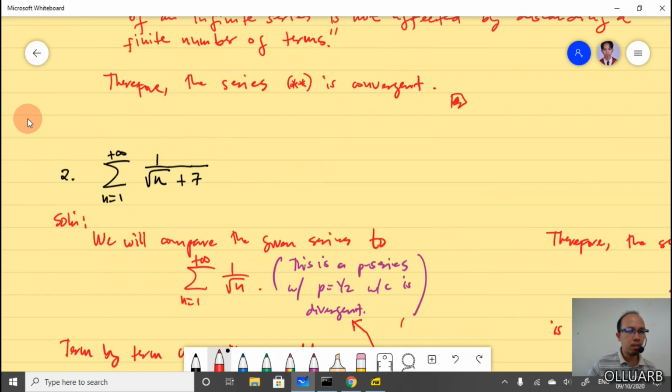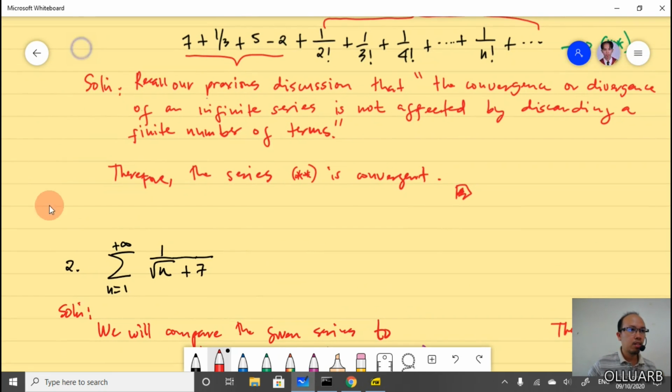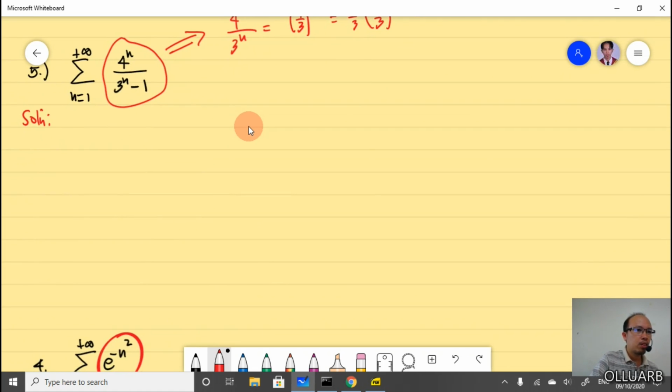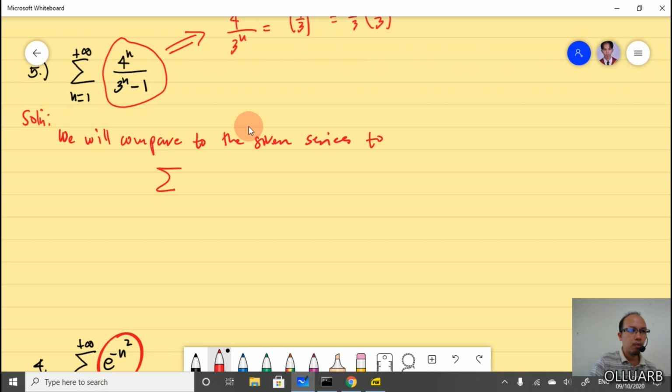We will compare the given series, or the original series, to this series, the summation of 4 to the n over 3 to the n, where n starts from 1 to positive infinity. And this is our b sub n.